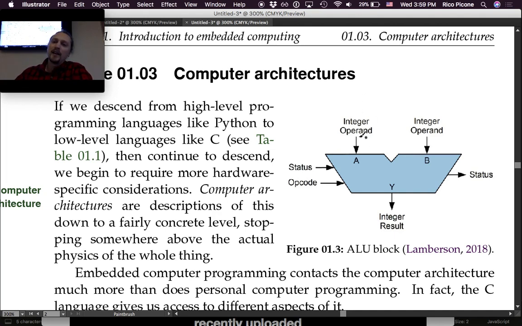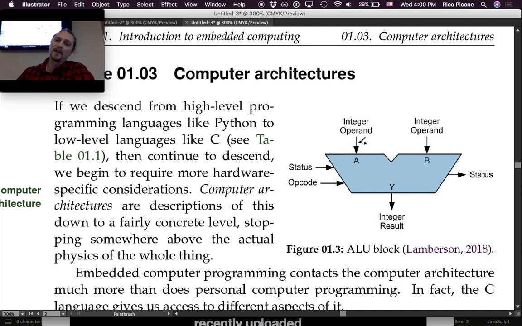You give it an integer operand, maybe in both slots. This is something like, for instance, a sum. It's a good example. So you give it an integer a and an integer b. When I say you give it, what I mean is the control unit tells memory to send over to the ALU an integer from memory at a certain address.